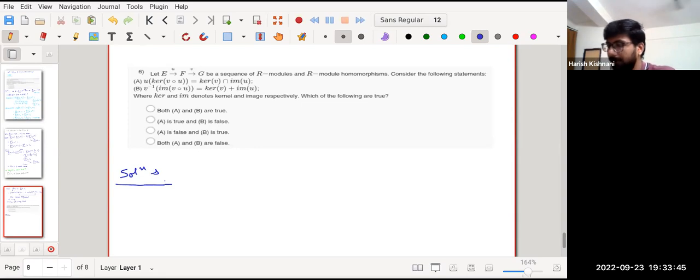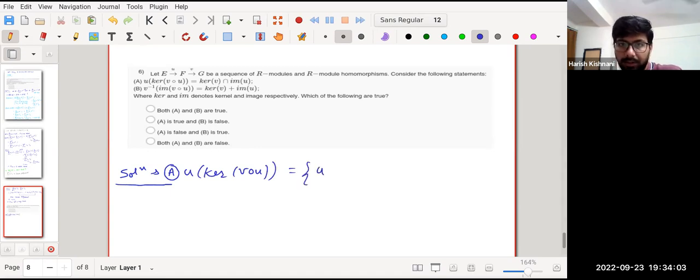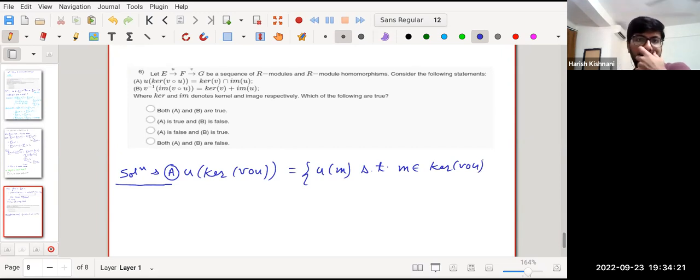Part 1. How is this set defined? U of kernel of V compose U is the set of all elements of the form Um such that m belongs to kernel of V compose U, right?